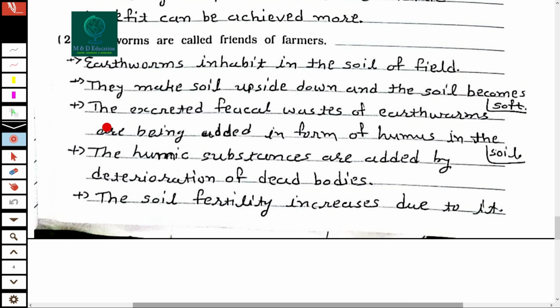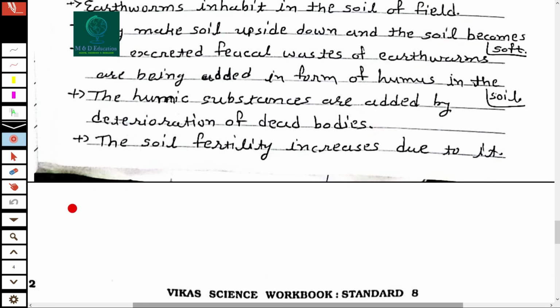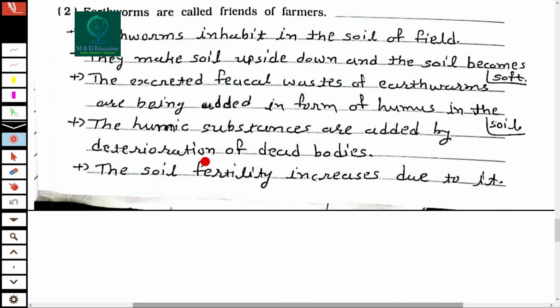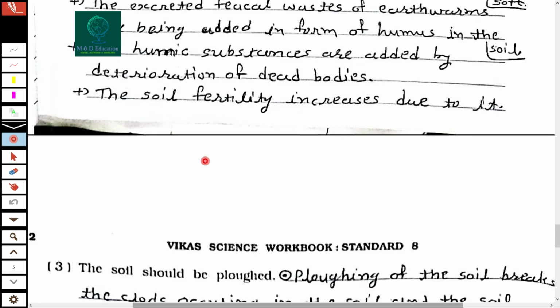Now the next one is, humic substances are added by decomposition of dead bodies. And the last one is, the soil fertility increases due to it. That's why earthworms are called friends of farmers.